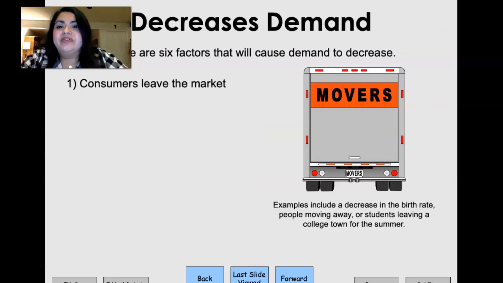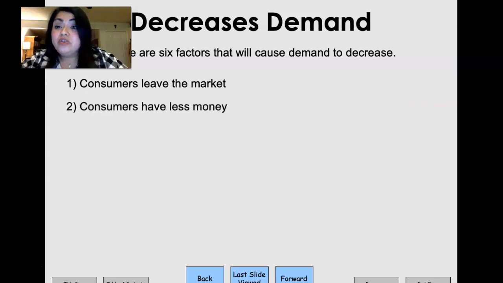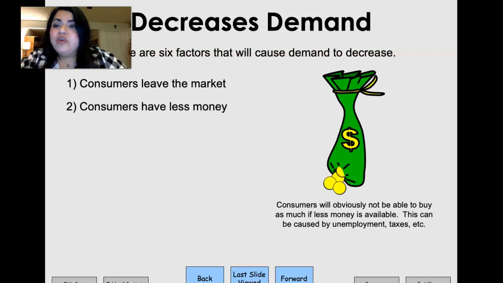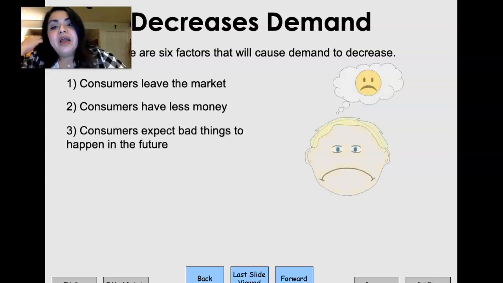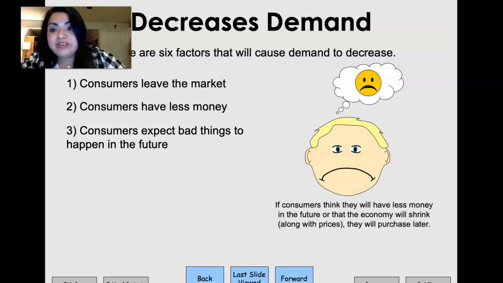All right, the decreases in demand are the exact same things, just the opposite. If consumers leave a market, if a bunch of people leave a city, then there's nobody to buy anything. If there's a recession or a depression and people start losing their jobs, they have less money, so there's a decrease in demand because people can't afford to buy things. If consumer confidence is down because the economy is bad, they're not going to go out and buy things. They're not going to buy that house because they're not sure their job is going to be stable for the next 30 years.